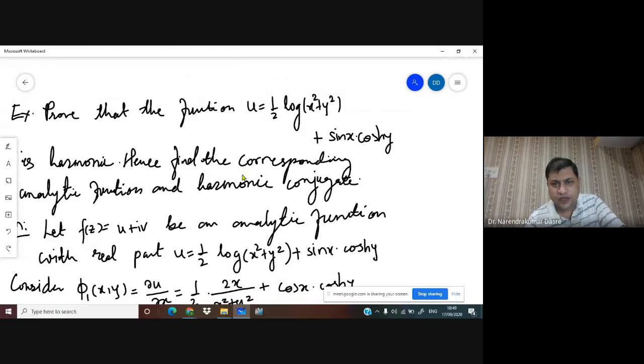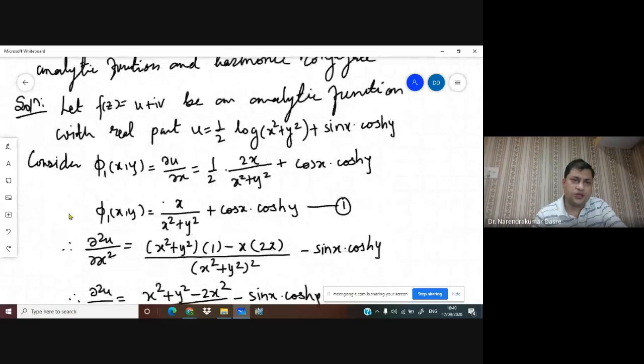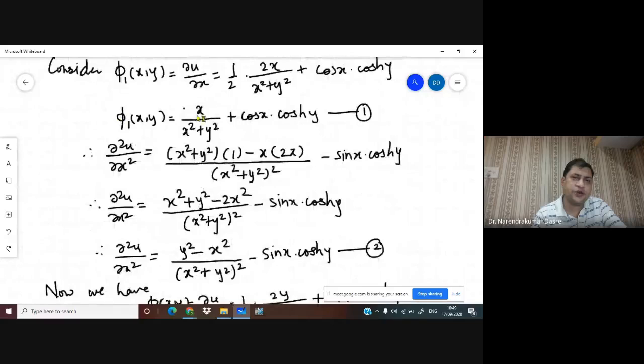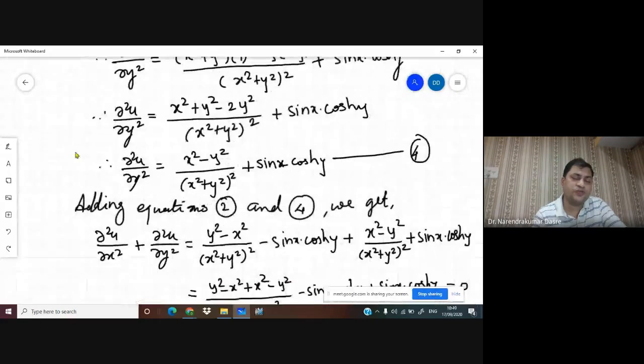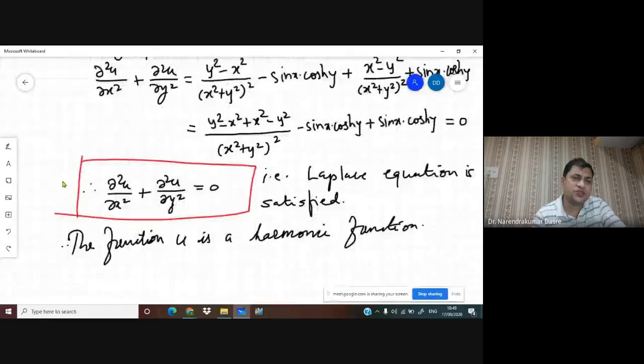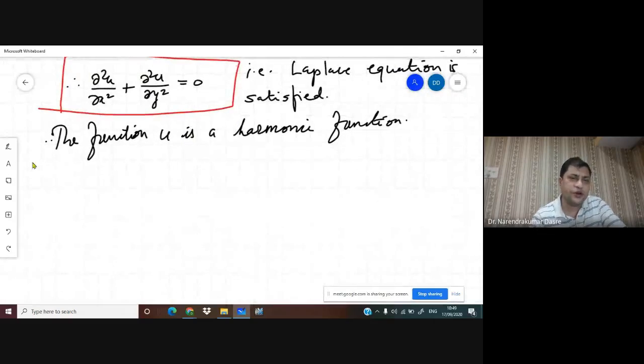Now we have to find the corresponding analytic function and its harmonic conjugate. To find the analytic function, the first step is to write the function, the second step is to calculate the first order derivatives, and the third step is to put x equal to z and y equal to 0 in the first order derivatives.